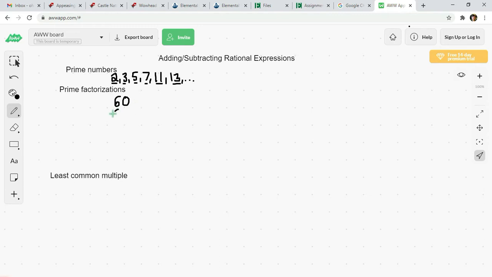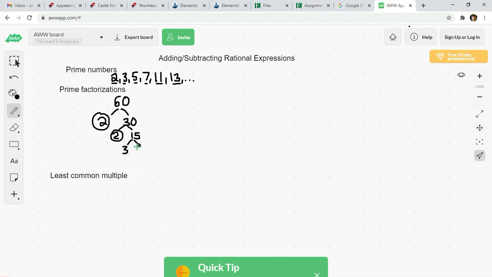Alright, we want the prime factorization of 60. Well, we can break it down in the following way. We can write 60 as 2 times 30. Notice that 2 is prime, so I will circle it. 30 is 2 times 15. 2 is prime again, so I circle it. And 15 is 3 times 5. 3 and 5 are both prime. I circle both of them. Okay, now we can more compactly write the prime factorization of 60 in the following way.